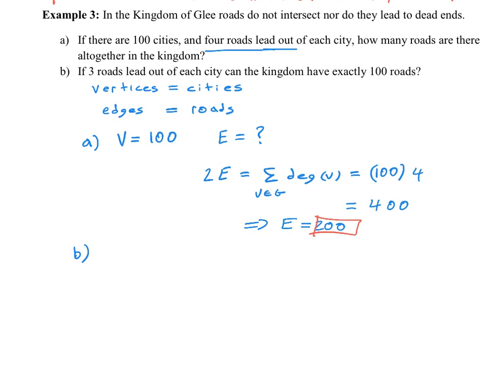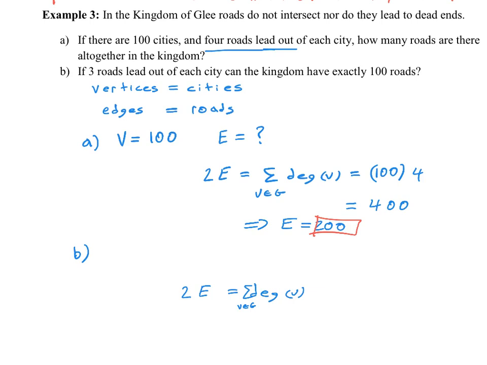So how about we try to use our parity theorem once again? We'll set this up so that we have twice the number of edges equal to the degree sum. And we are told that 3 roads lead out of each city, but this time we don't know how many cities there are.